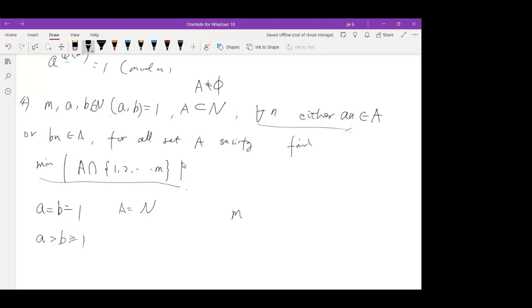Let's first think, does this kind of set exist? Does A exist? Definitely. You can see at least you could choose A to be the positive integer set n. Right, so this definitely exists, and then we just want to make that intersection as small as possible.